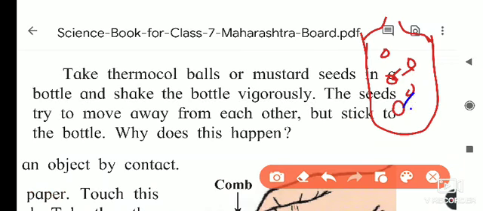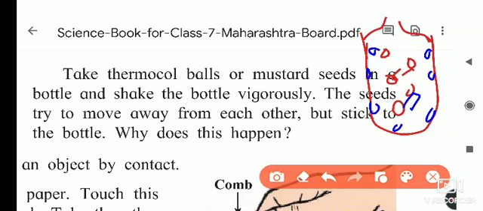So when we are rubbing, they repel each other because like charges develop on the mustard seeds or thermocol balls, but they stick to the walls of the bottle. And why do they stick to the walls of the bottle?